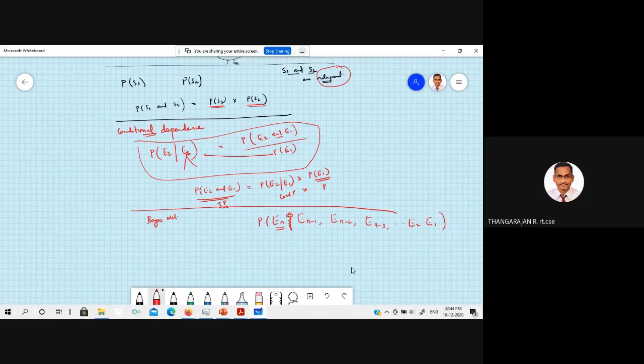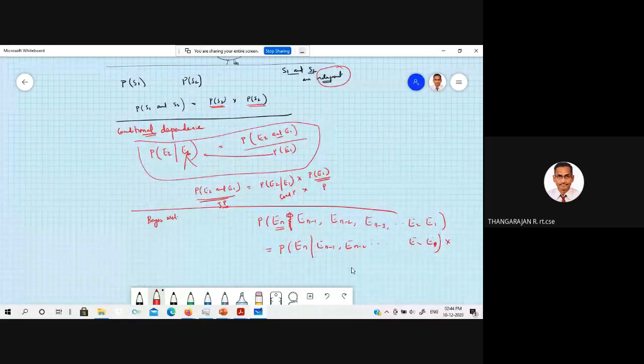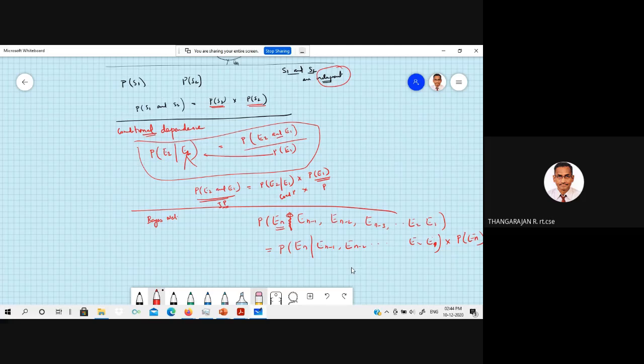So this can be written as probability of En given En minus 1, En minus 2, up to E2, E1, into the probability of the remaining events. Right? So this is how I can write it.